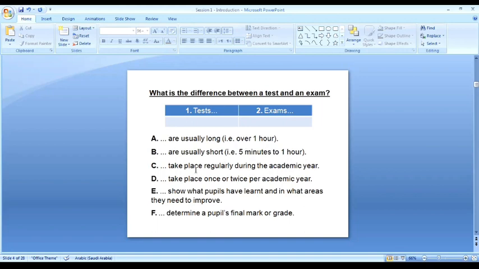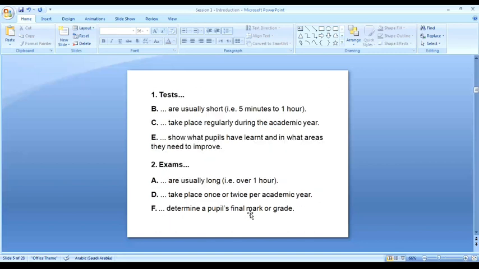C: take place regularly during the academic year. D: take place once or twice per academic year. E: show what pupils have learned and in what areas they need to improve. F: determine a pupil's final mark or grade.